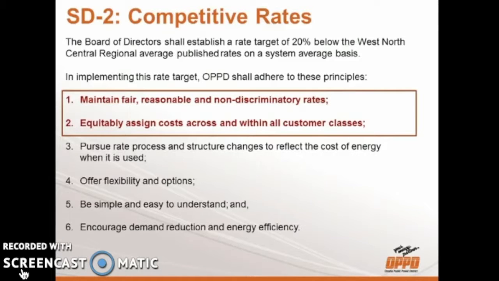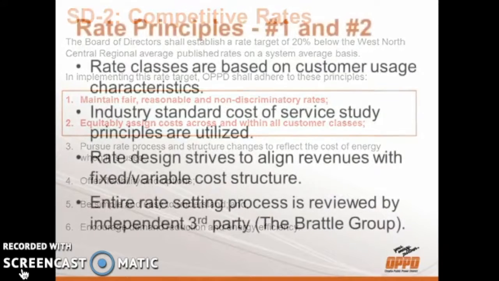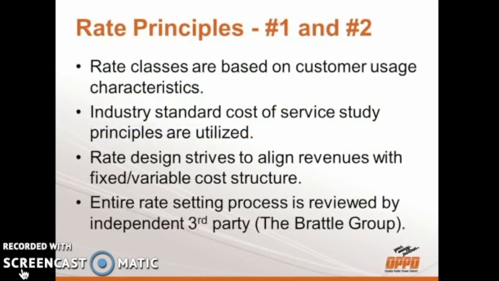We use industry standard cost of service principles to allocate costs across all of those customer classes. The rate design strives to align revenues with our fixed and variable costs. And then the entire process is reviewed by an independent third party, which works for the board, and that is currently the Brattle Group.